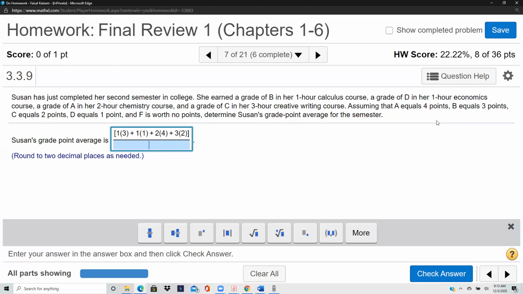Which ones were the hours? The numbers outside the parentheses, right? So 1 plus 1 plus 2 plus 3. So 18 divided by 7 is 2.57.